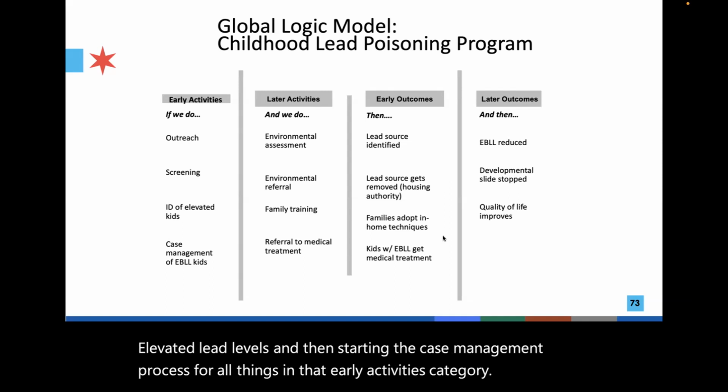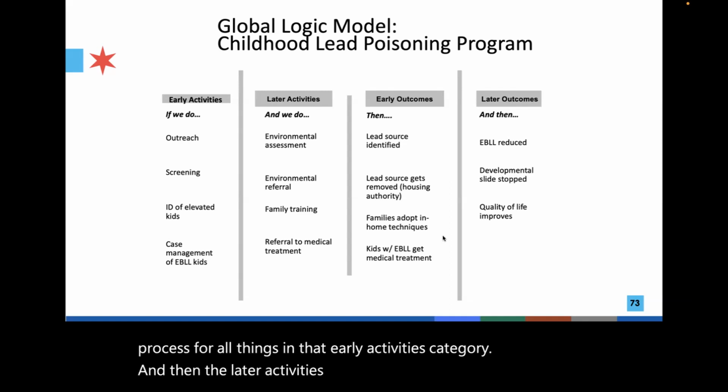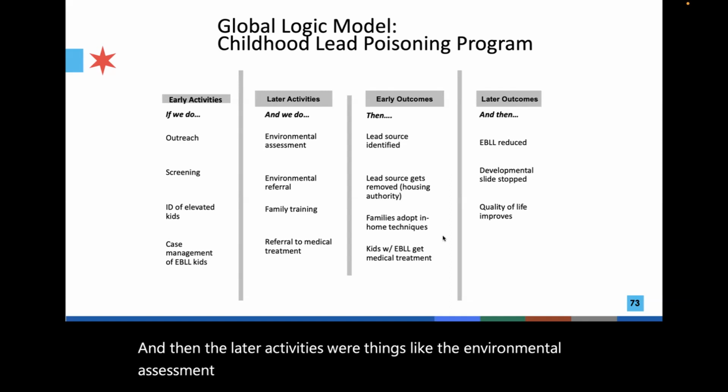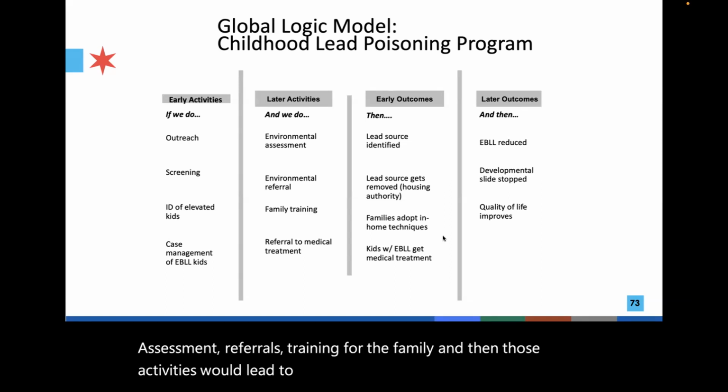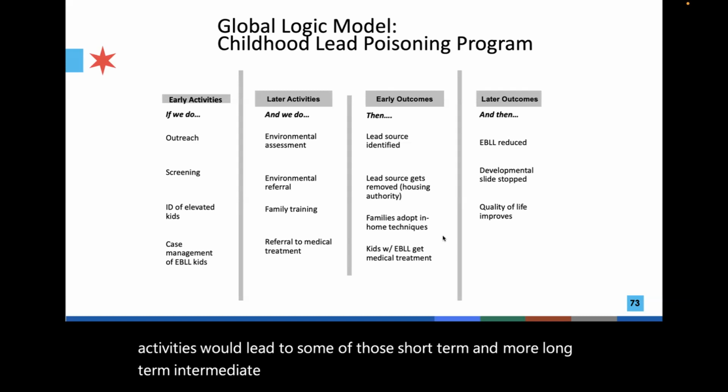The later activities were things like the environmental assessment, referrals, and training for the family, and those activities would lead to some of those short-term and more long-term, intermediate-term outcomes.